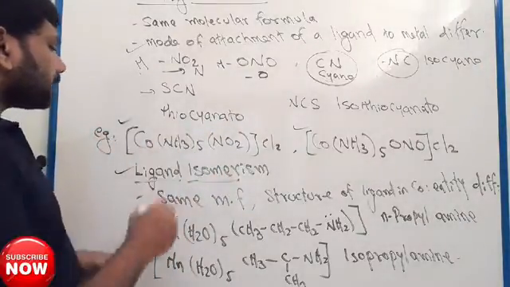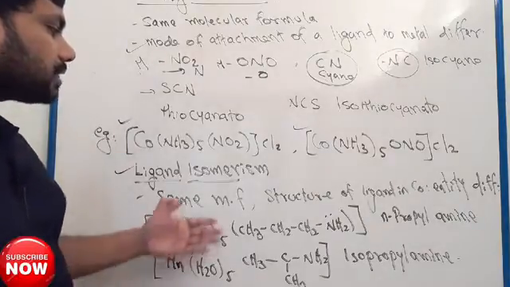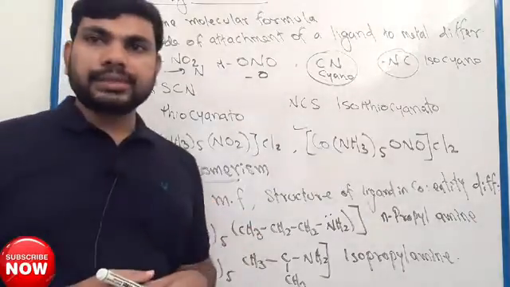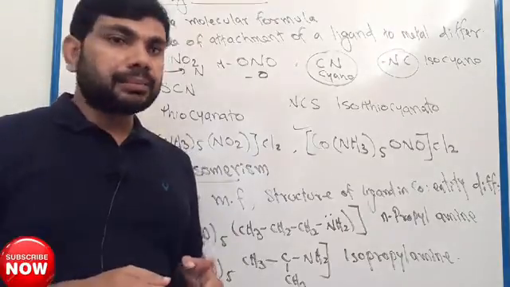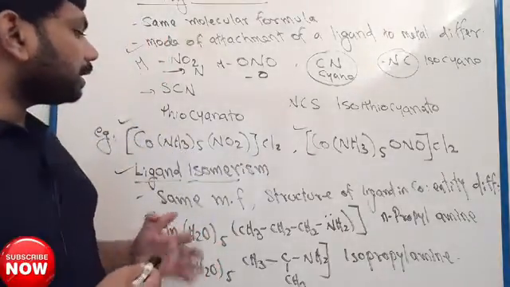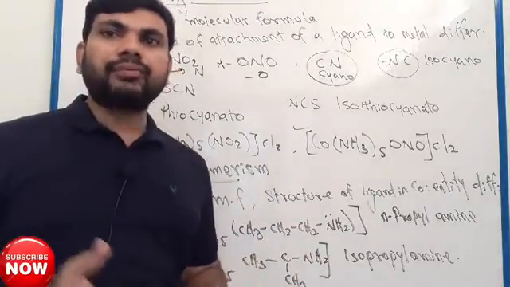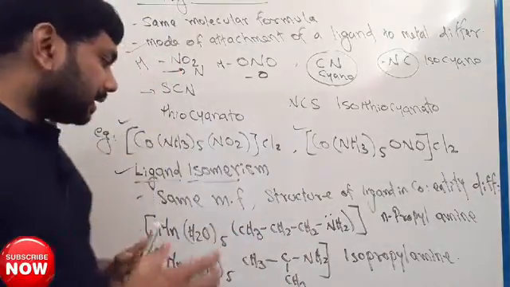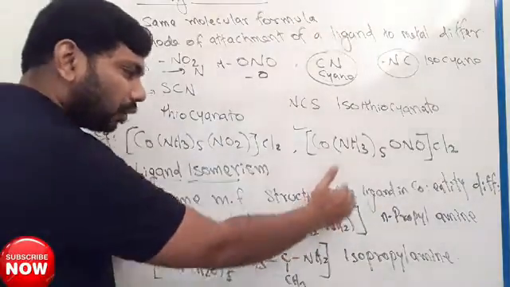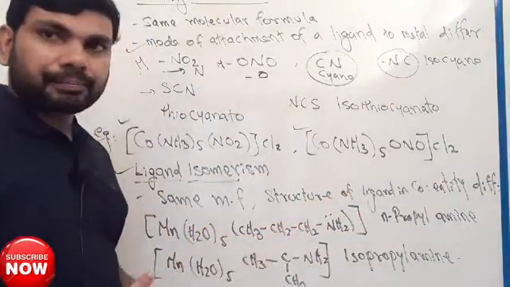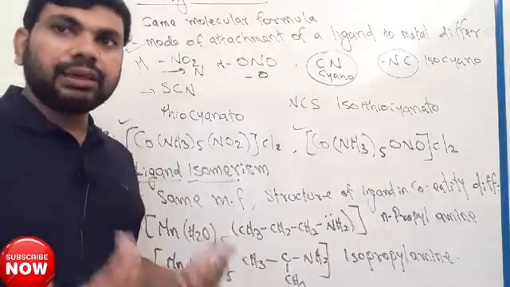After linkage isomerism, the next one to understand is ligand isomerism. Ligand isomerism means the coordination compounds have the same molecular formula, but the structure of the ligand in the coordination entity is different.